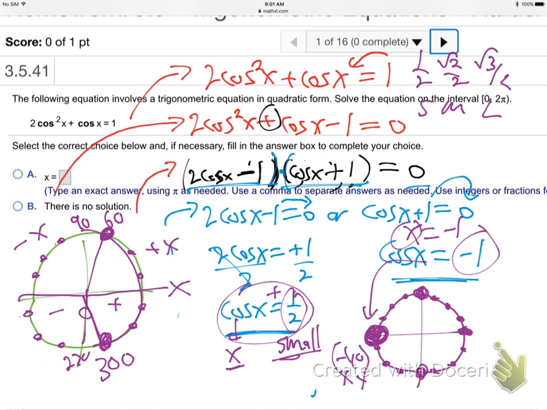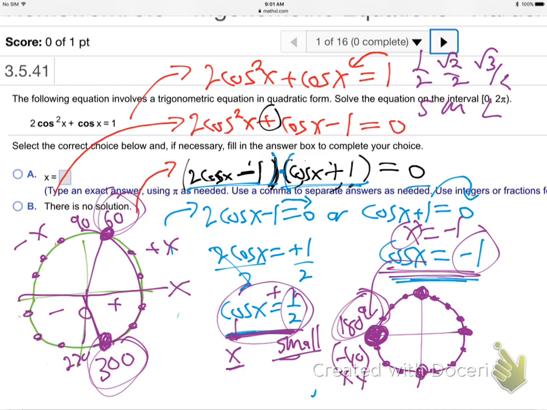All right, so that dot's 180. So 180, 300, and 60 are the 3 angles. The 2 angles that make this one true are 60 and 300. The only angle that makes this one true is 180. So those 3 are all answers to our question.